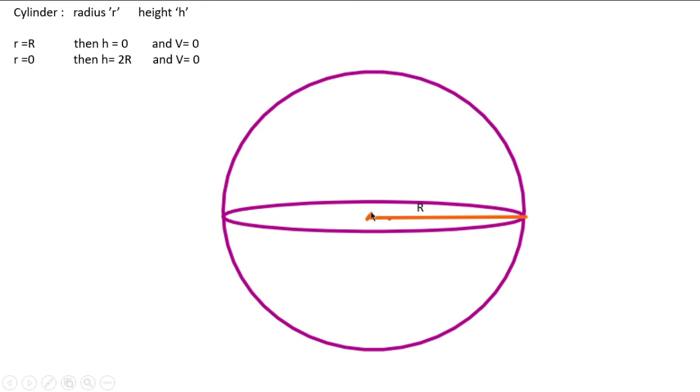If the height of the cylinder is 0, then the base radius will be capital R. If the height is maximum, meaning the height is the diameter, then the base radius is 0. So we can also say that the radius is a function of h. In both ways you can interpret this situation.